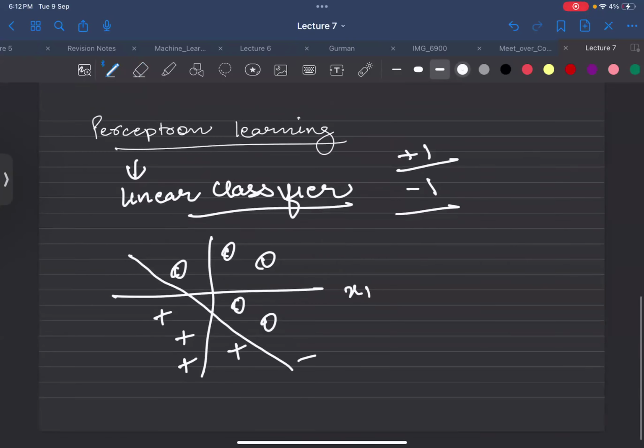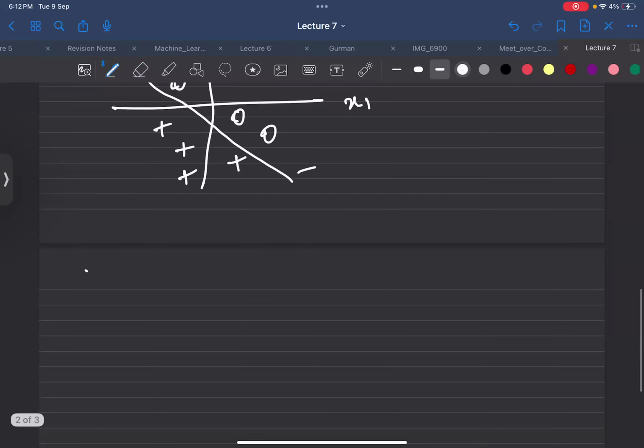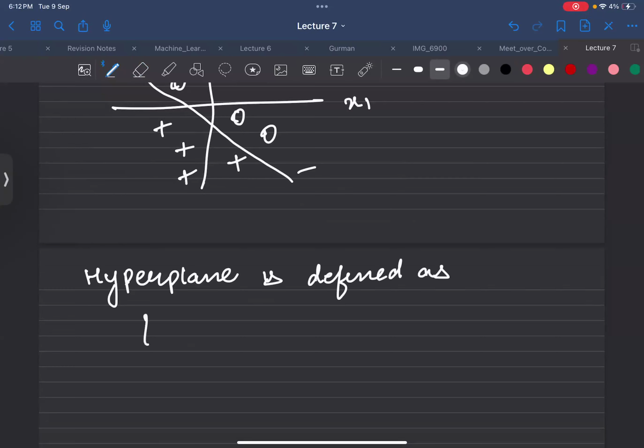So what I'm trying to say, it's basically separating the classes. This hyperplane, whatever dimensional plane we are working in, the 2D plane or a higher dimension, is defined by, I'll write, this simple line equation, mx plus c. This is basically a hyperplane.